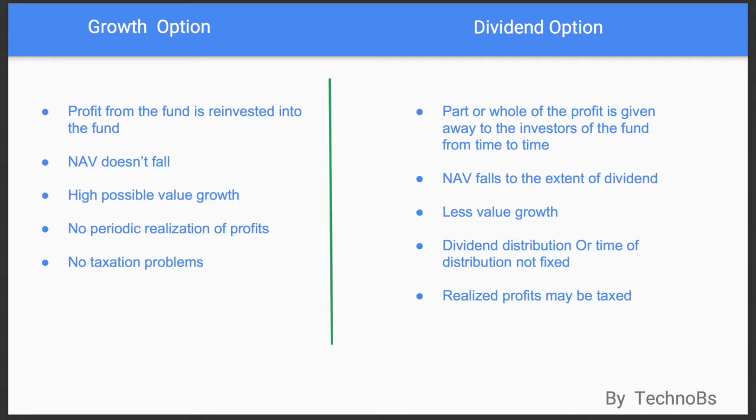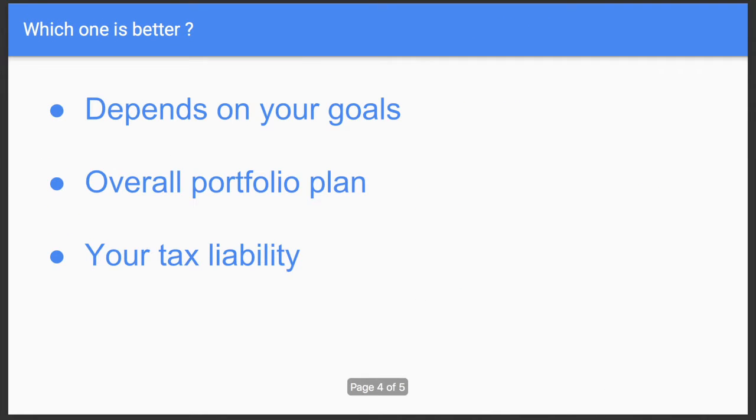I hope that gave you a bit of what exactly each is. Now coming to the question, which one is better? Okay, what exactly is your goal? Are you trying to realize profits from time to time if possible, but want to invest in equity?